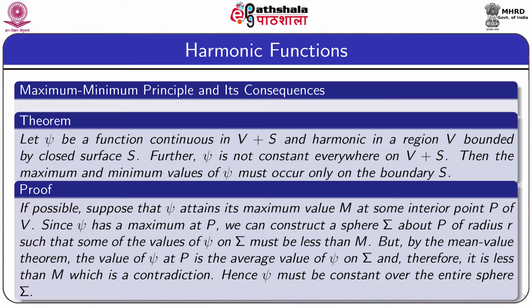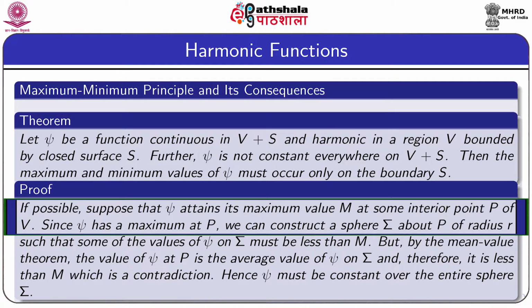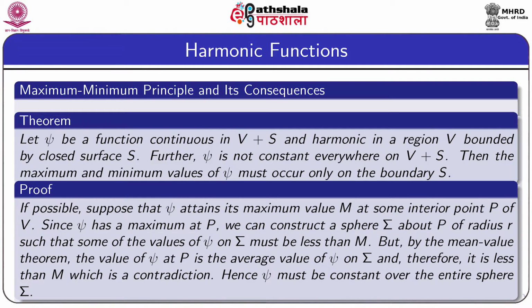Proof: if possible, we assume that psi attains its maximum value M at some interior point P of V. Since psi has a maximum at P, we can construct a sphere sigma about P of radius r such that the values of psi on sigma must be less than M. This is the property of having a maximum value of a function.